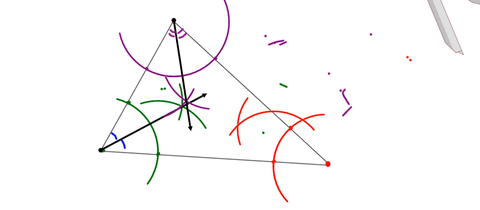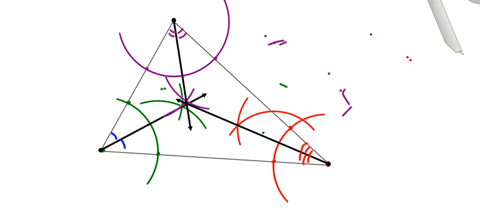I'm done with my compass, so I'll get that out of the way. Go ahead and connect this vertex to the point where those red arcs intersect. And I'm going to extend this because something kind of cool happens with this construction. Those red angles I want to label congruent to each other, but not congruent to any of the others that I drew so far.